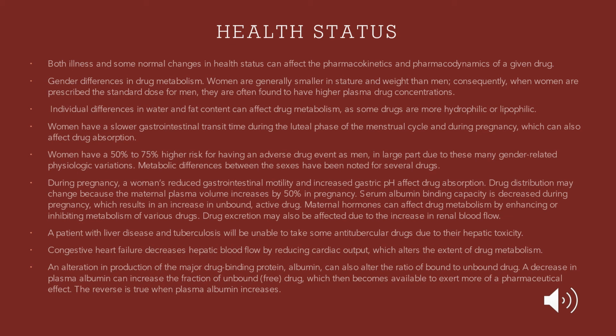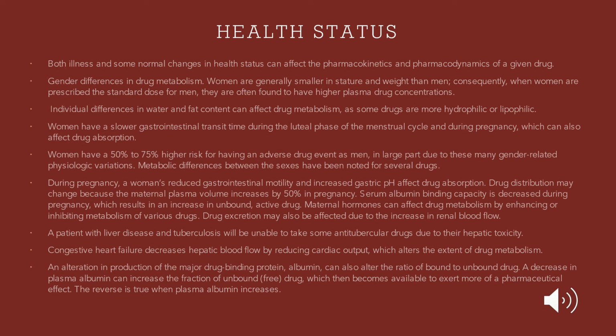In addition, individual differences in water and fat content can affect drug metabolism, as some drugs are more hydrophilic or lipophilic. Women have a slower gastrointestinal transit time during the luteal phase of the menstrual cycle and during pregnancy, which can also affect drug absorption.